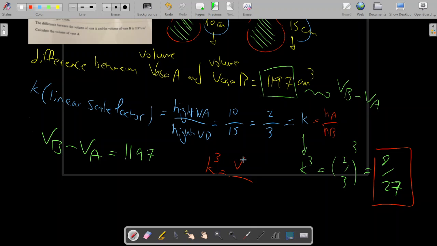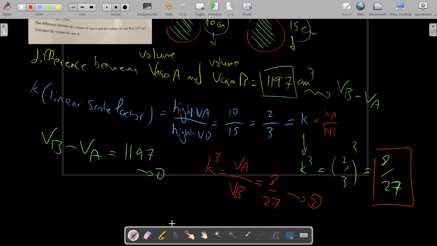So it's going to be the ratio of volume A over volume B, which is going to be equal to 8 over 27. Since we need to figure out the value of volume of A, this is going to be my first equation, and the other is going to be my second equation.